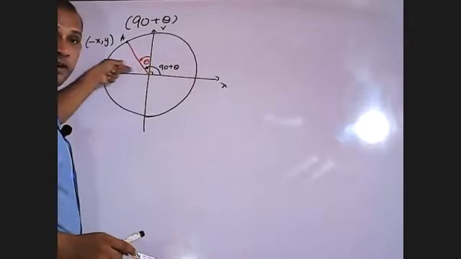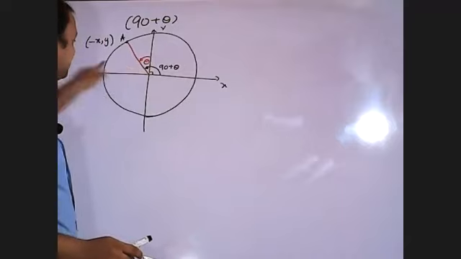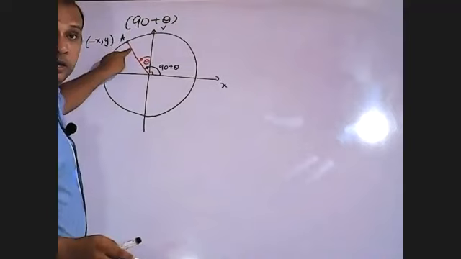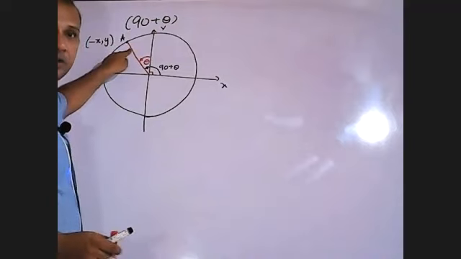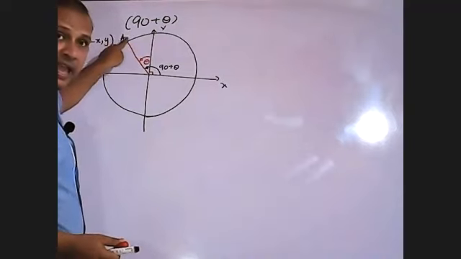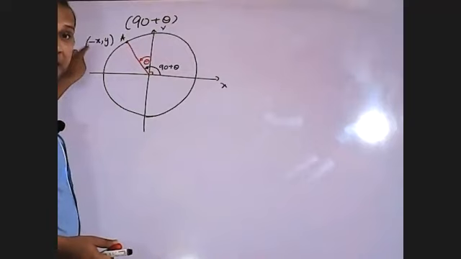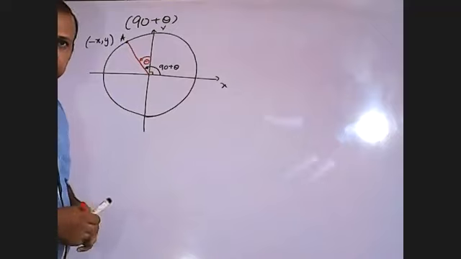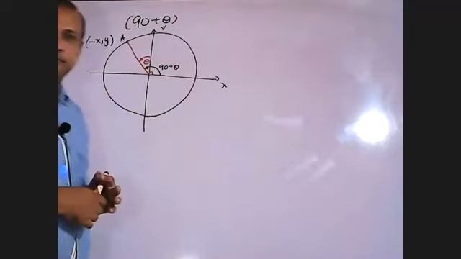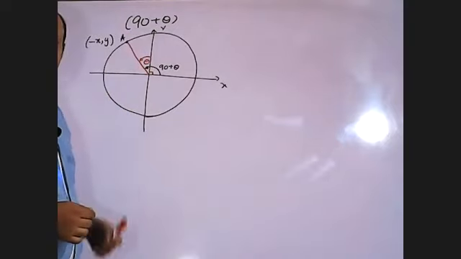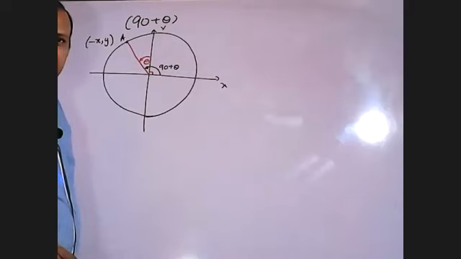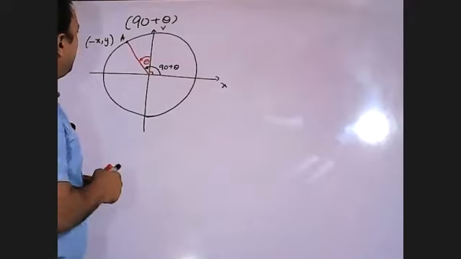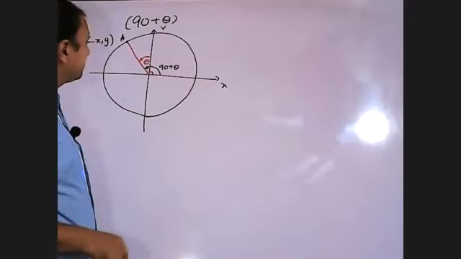The second quadrant is bounded by the negative x-axis and positive y-axis. Therefore, the Cartesian coordinate of point A is minus x comma y. Did you get that point? Yes, sir. Thank you. Yes. Okay.